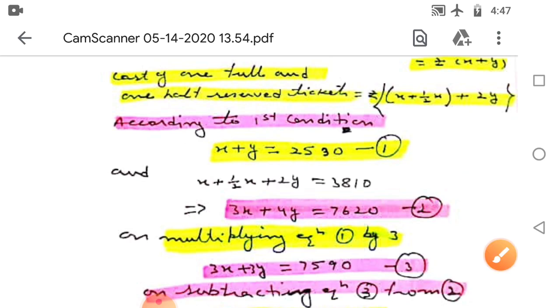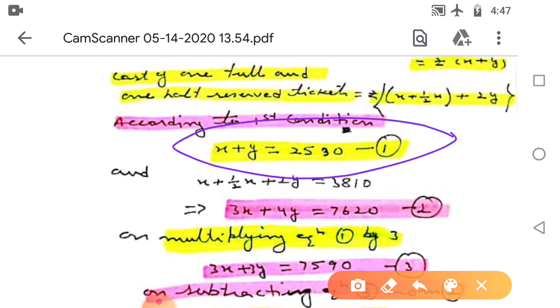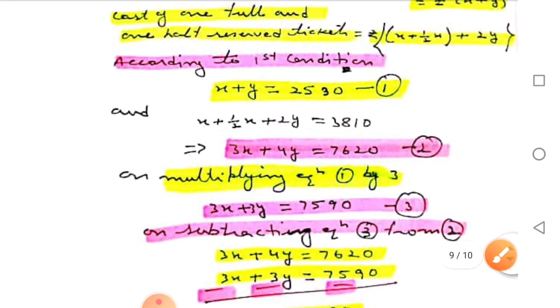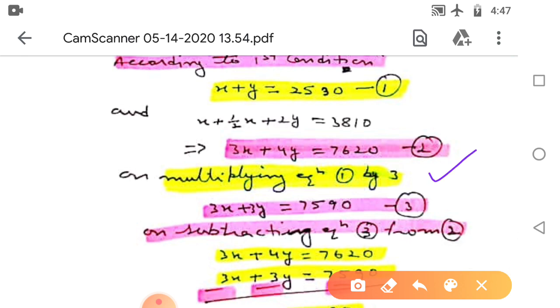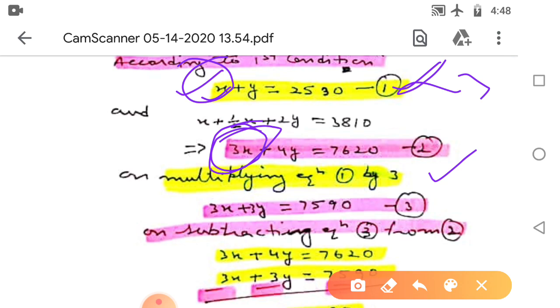So we have two equations. One is x plus y is equal to 2,530, and the second equation is 3x plus 4y is equal to 7,620. Clear? Now solve these two equations. We need to multiply equation 1 by 3. By doing so we make the coefficient of x equal to 3, and in equation 2 the coefficient of x is already 3.